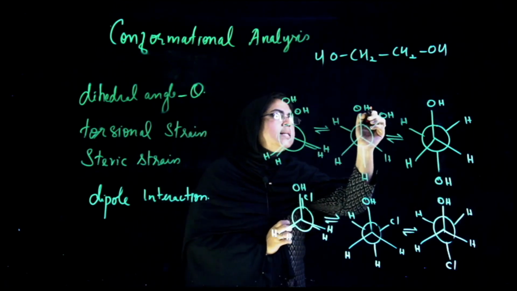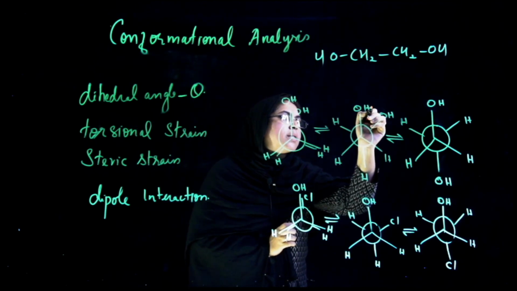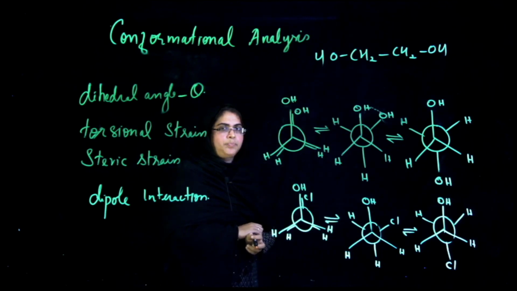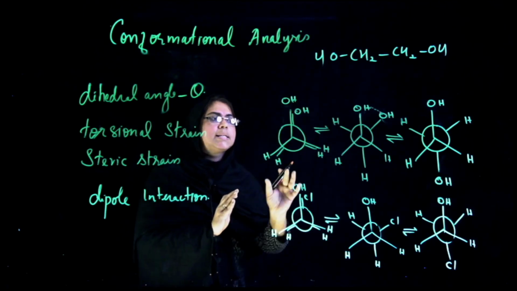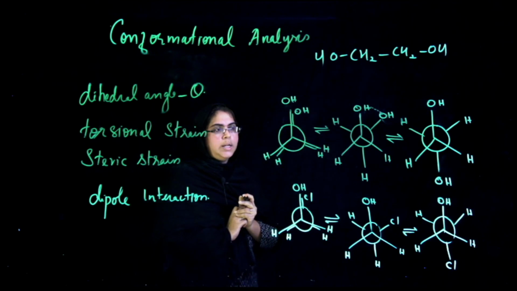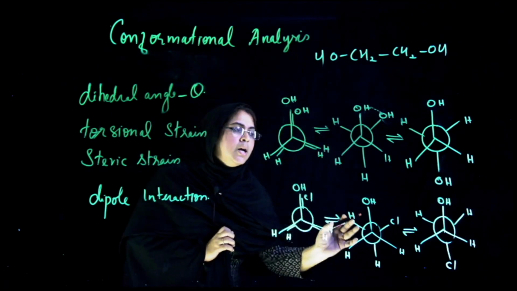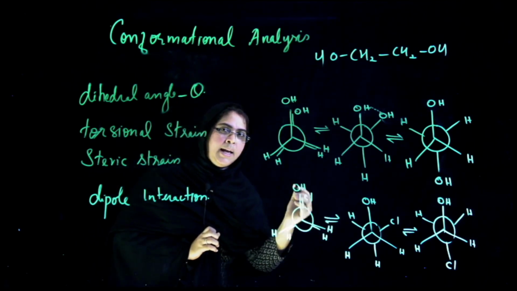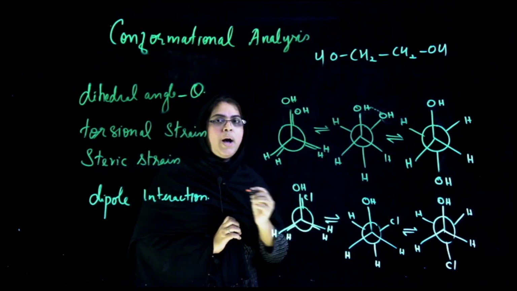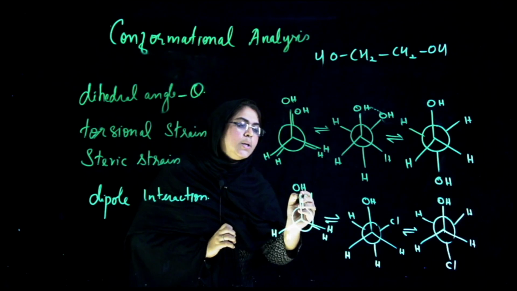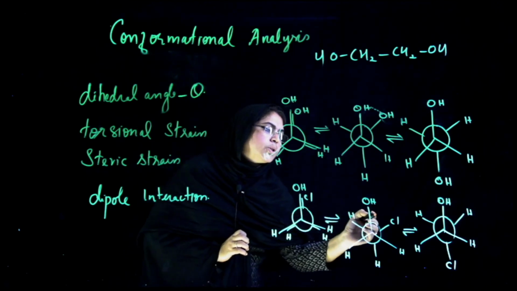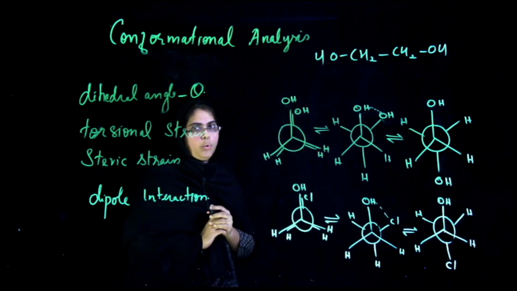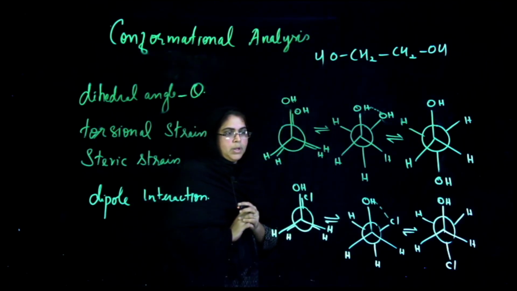In this case, hydrogen bonding is possible between this oxygen and hydrogen, and that stabilizes this type of molecule. The same case is there in the case of ethylene chlorohydrin. In the case of chlorohydrin also, in the Gaussian form, there is hydrogen bonding between the chlorine and hydrogen.